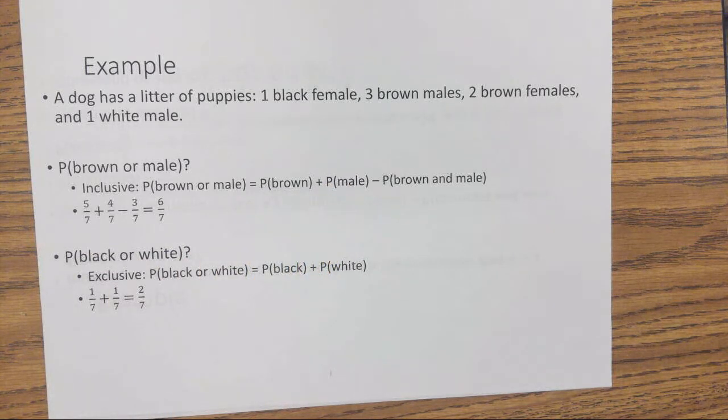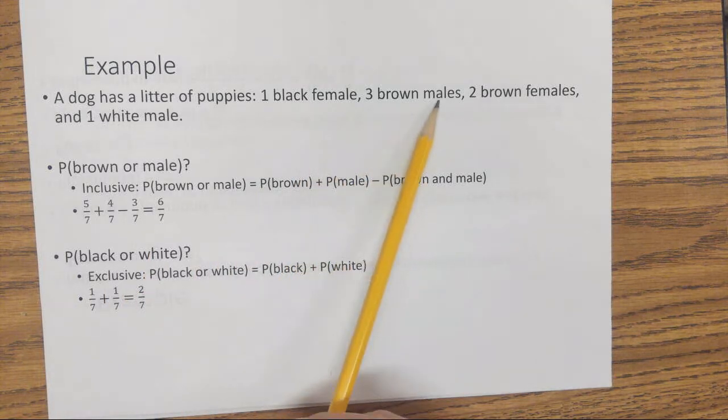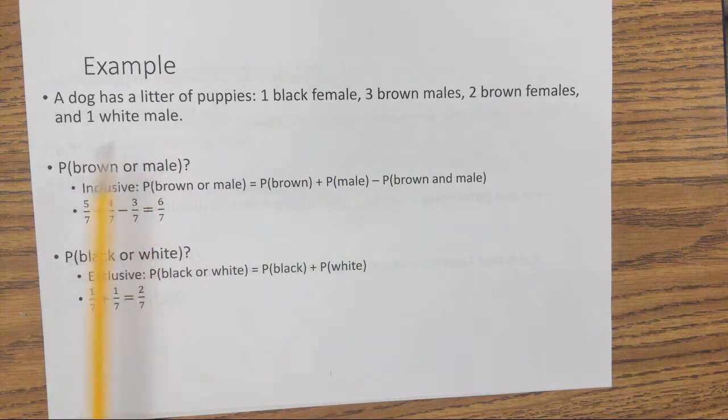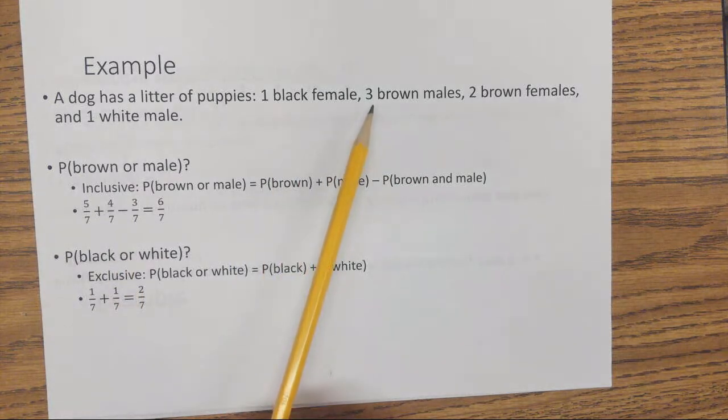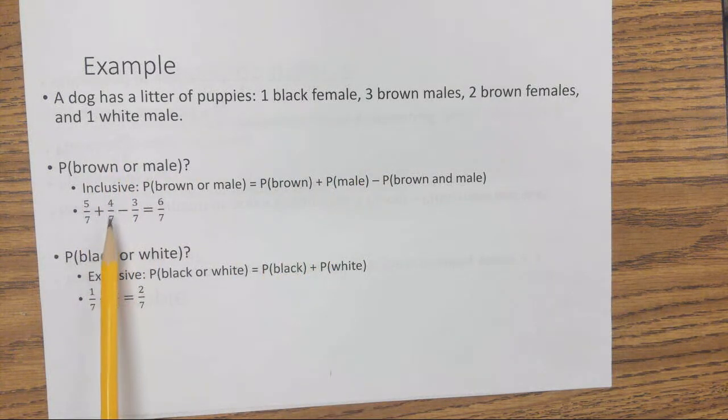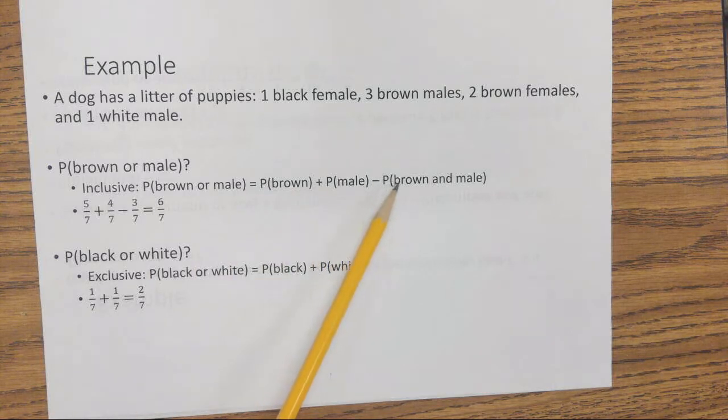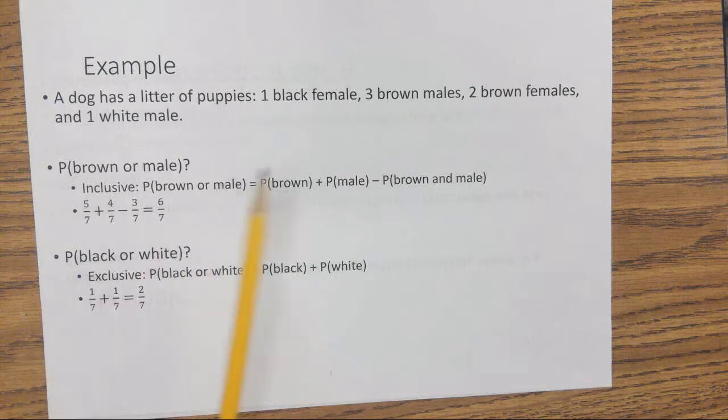Probability that it's a male. 7 dogs still. There's 3 brown males and 1 white male. So that means there's 3, 1, that's 4 out of 7. Probability that it's brown and a male. Well, that's just going to be 3 out of 7. So I add and subtract, and I get 6 out of 7.